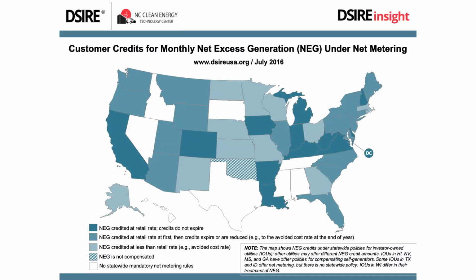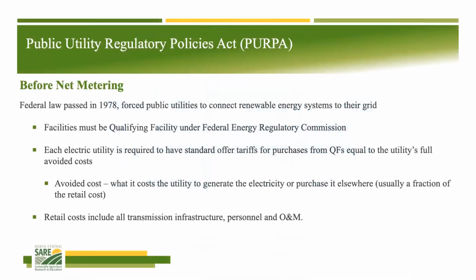A lot of the compensation as it relates to net excess generation under net metering goes back to what John set the stage with on utility rates: understanding exactly what you're paying for within your utility bill and how it's going to ultimately impact electricity that you might generate from a solar system on your farm.